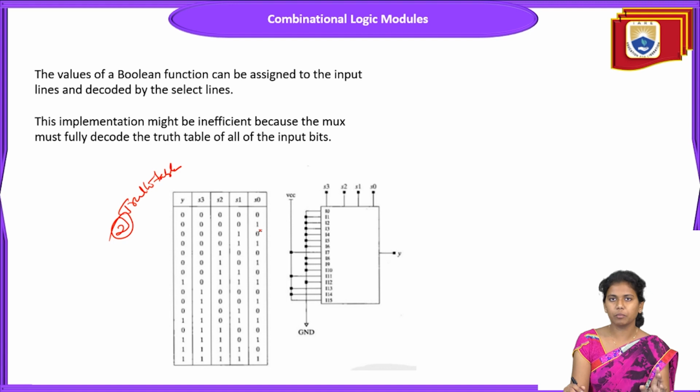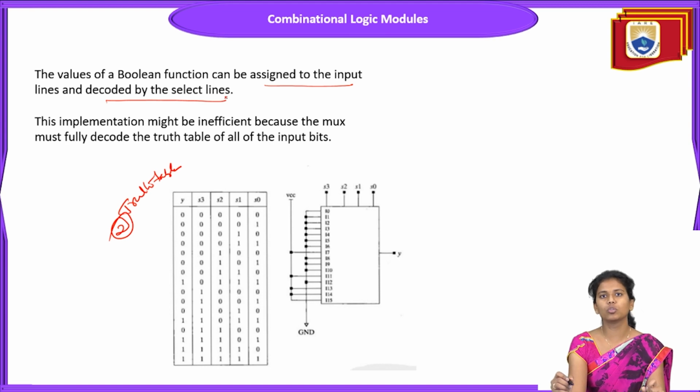So coming to the truth tables, the value of the Boolean function can be assigned to the input lines and decoded by the selection lines. We all know the mechanism of a multiplexer. With respect to the selection lines, the output is being decided, as well as the input lines.